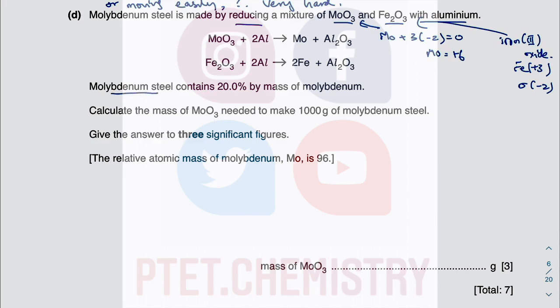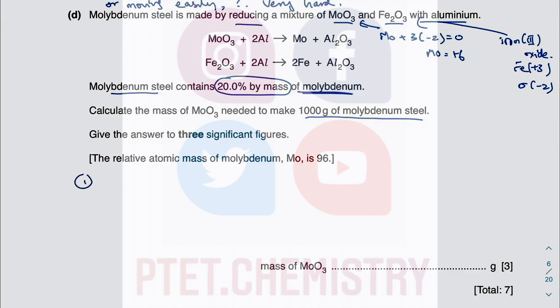Molybdenum steel contains 20% by mass of molybdenum. Now you want to make 1000 gram of molybdenum steel. So when you have 100 gram of molybdenum steel, 20 gram will be molybdenum, because 20% of the 100 will be molybdenum. So in this 1000 gram, how much of it will be molybdenum? That's my question.